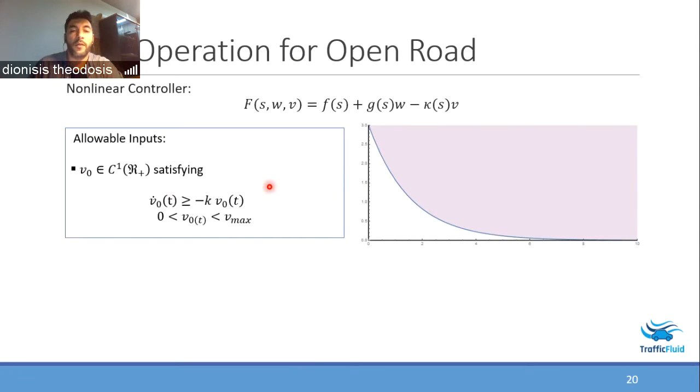It means that the leading vehicle should start within 0 and Vmax, the maximum speed of the road, and can move in any way as long as it stays in this shaded area. It cannot decelerate faster than this blue line. This means essentially that the leading vehicle should not be able to decelerate faster than the rest of the vehicles.